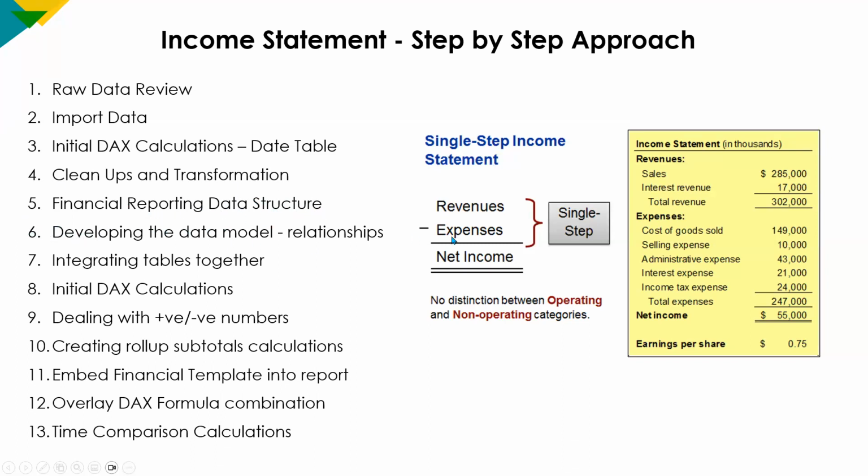Then of course, model our tables, integrate the tables together, because you have your revenue table inside a separate Excel sheet or a separate table, and then your expense table inside a separate table.